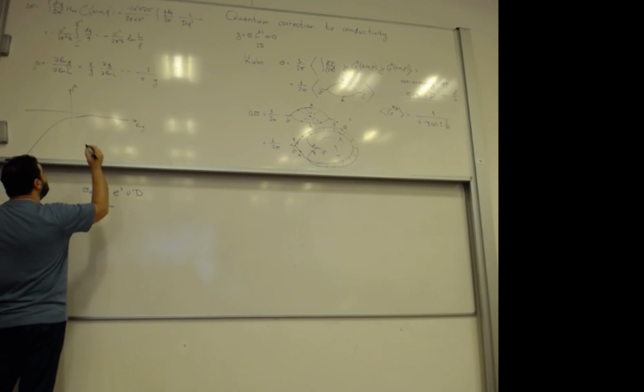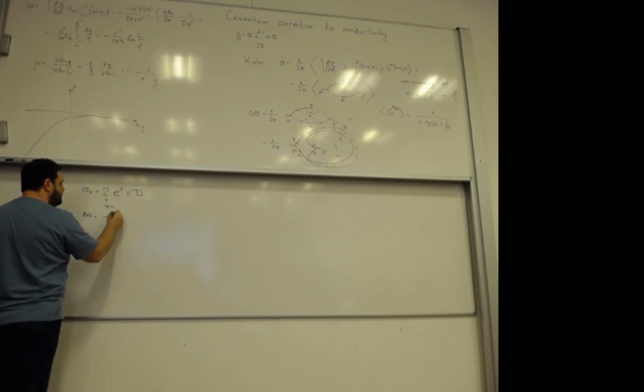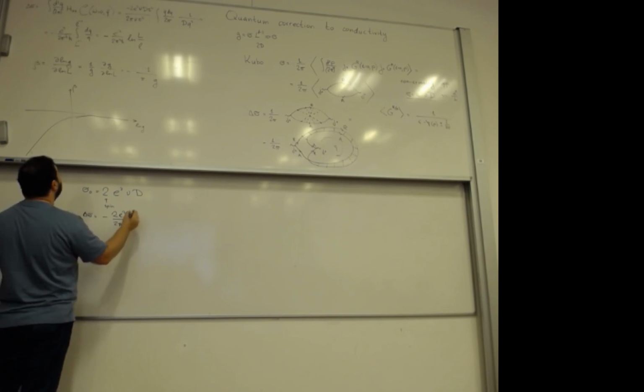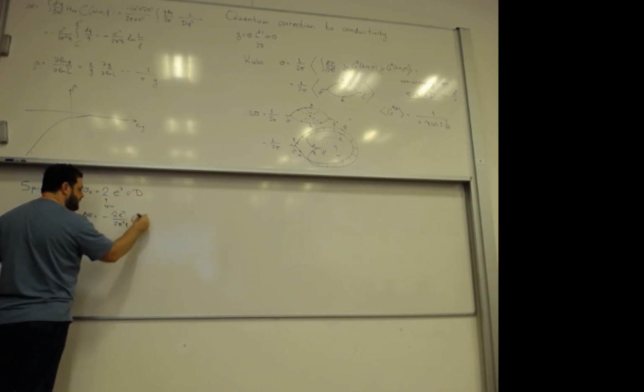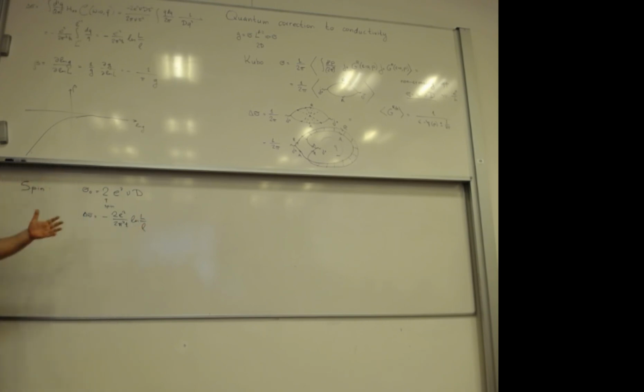It's just twice larger, it's minus 2 e squared over 2 pi squared h and the logarithm. Well, if we have spin, but the Hamiltonian does not depend on spin, so spin is always degenerate, and also scattering on impurities is spin independent, spin up and spin down scatter exactly the same way. We have just conductivity due to spin up, plus exactly the same one due to spin down, and the correction due to spin up, plus the same correction due to spin down states.